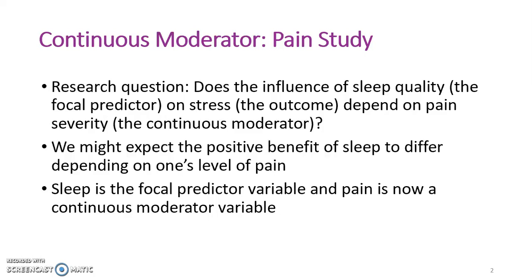One reason we might look at this is that we might expect that good sleep quality would reduce stress, but that sleep quality might differ depending on one's level of pain, and that those with higher levels of pain might have worse sleep quality. In this new example, sleep is now the focal predictor variable, and pain, where it was a focal predictor variable in the last example, is now the continuous moderator variable.